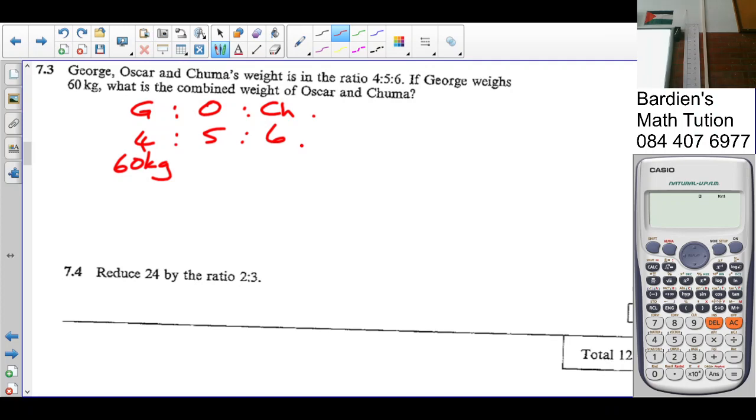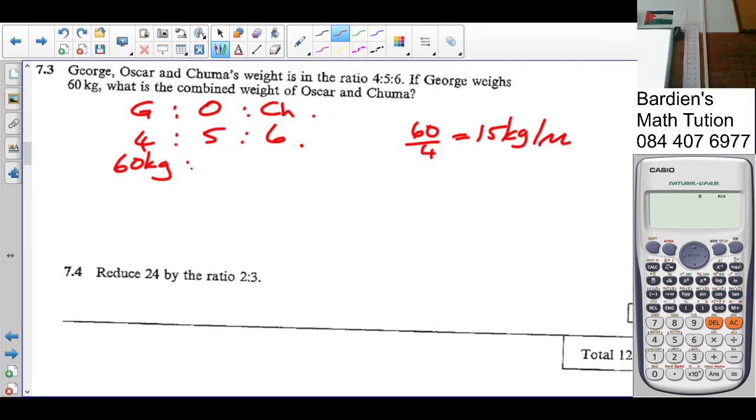So what we have is George, his weight is 60. But 60 is a representative of how many parts of the ratio? 4. Can you see that? And 60 divided by 4 is 15. So it's 15 kilograms per unit.